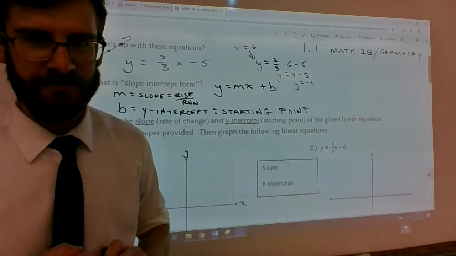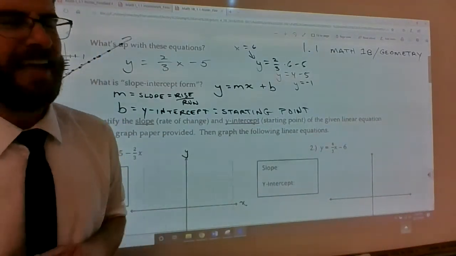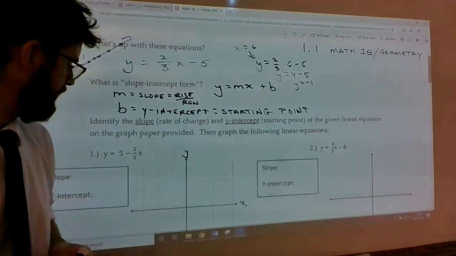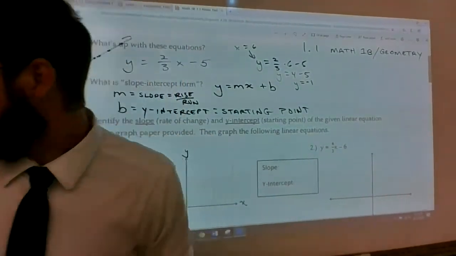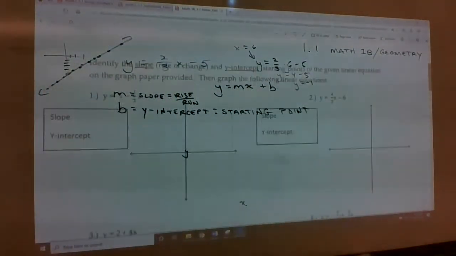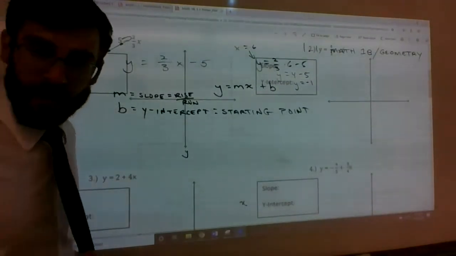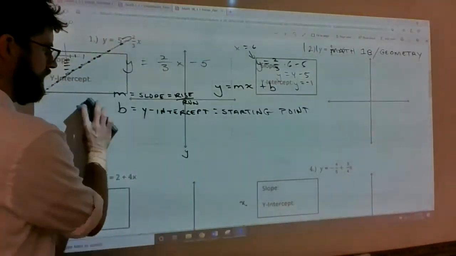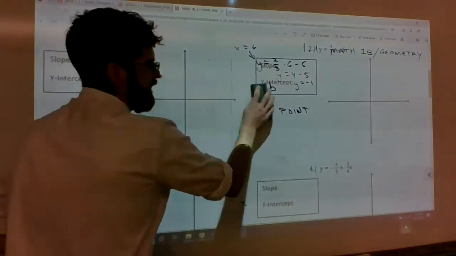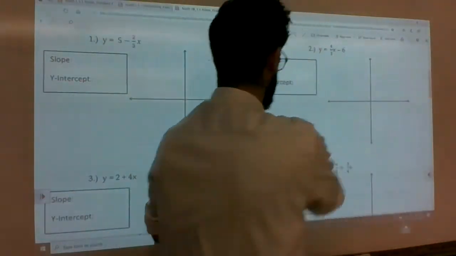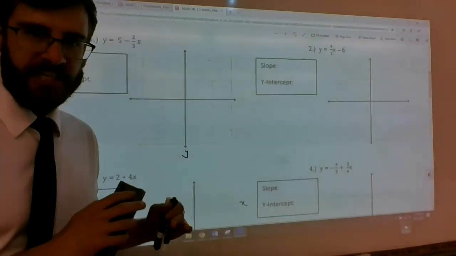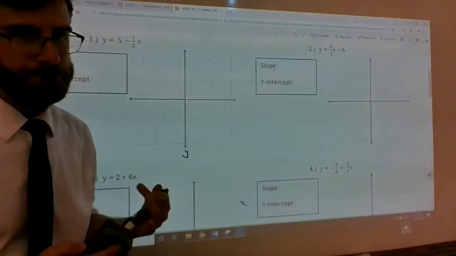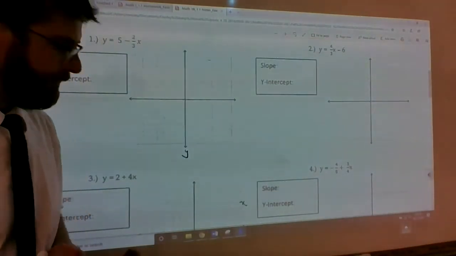I know that was a lot of abstract talking about it, but today is really quite simple. As long as you can find the slope and find the y-intercept in each of these equations that I give you, you're doing pretty well.